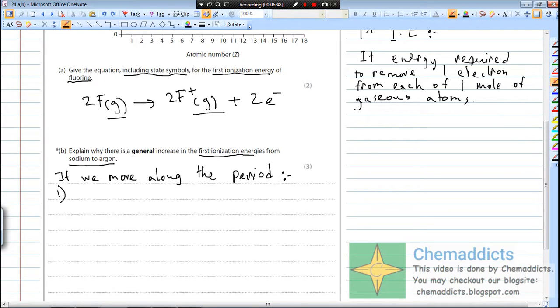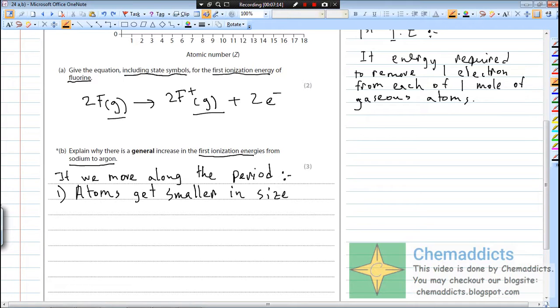If we move along the periods, the atoms tend to become smaller. Atoms get smaller in size.